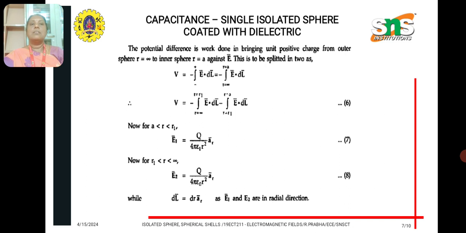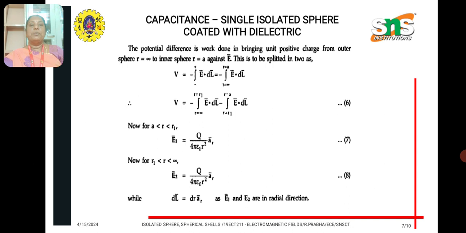Now the potential difference is the work done by bringing a unit positive charge from the outer sphere to the inner sphere, that is to R equal to A, against the electric field from R equal to infinity to R equal to A. This can be split into two terms. One is V equals minus the integral of E dot dl from R equal to infinity to R1, and another one is V equals minus the integral from R equal to R1 to A of E dot dl.